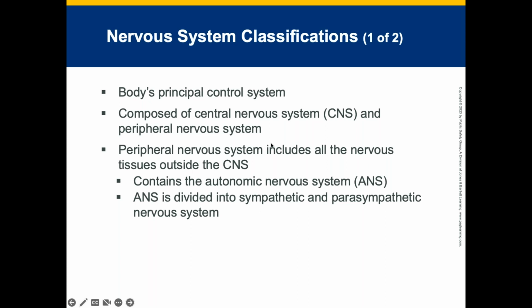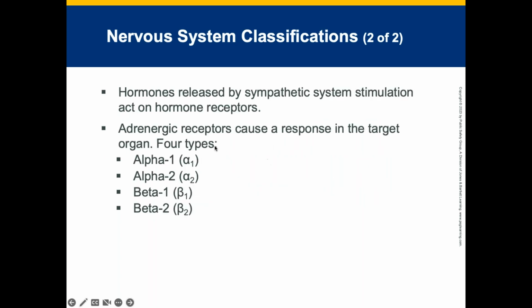So let's get more into the adrenergic receptors, which then cause a response on target organs. Hormones are released by sympathetic system stimulation, causing intended effects by acting on hormone receptors.